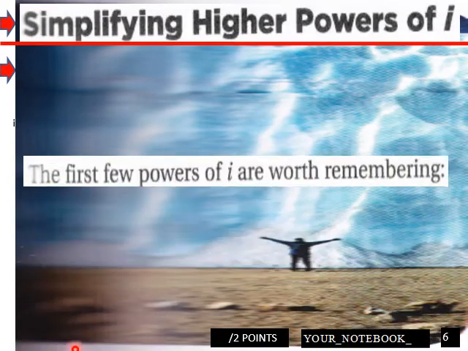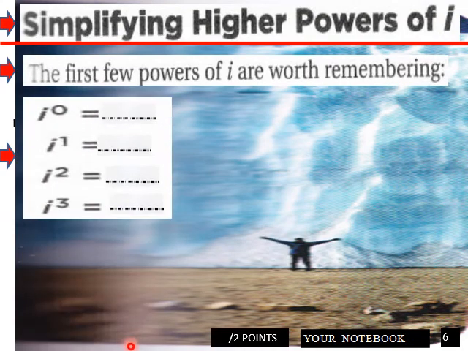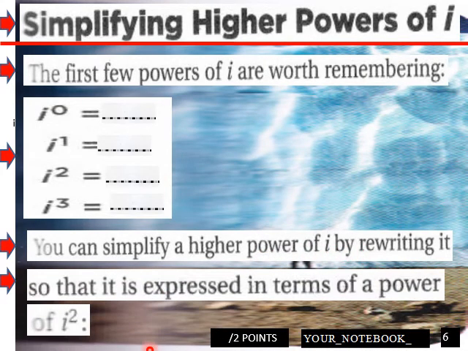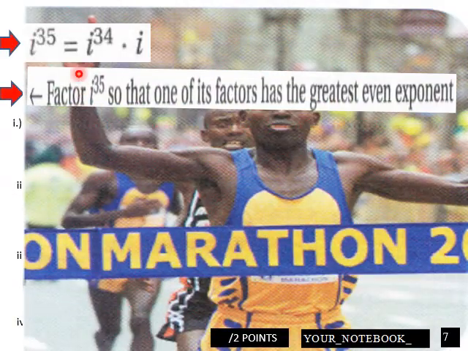Simplifying higher powers of i: the first few powers of i are worth remembering. You can simplify a higher power of i by rewriting it so that it is expressed in terms of a power of i squared. i to the 0 is 1, i to the first power is i, i squared is negative 1, and i cubed would be negative i. Then i to the 35th equals i to the 34th times i.